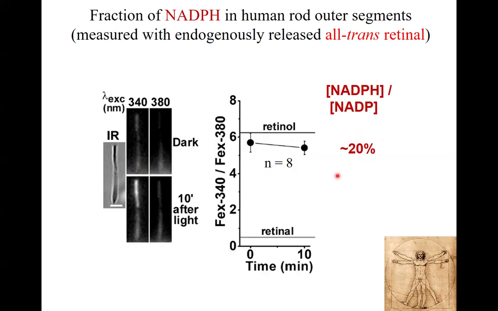We measure the pH in the human case. I have the slide somewhere at the end. It's about 7 as well, what you would expect for bleached cells, as in the mouse. So the numbers basically work out to be the same in the human and the mouse.